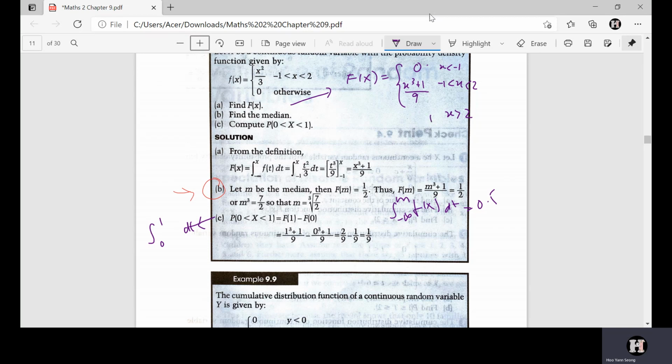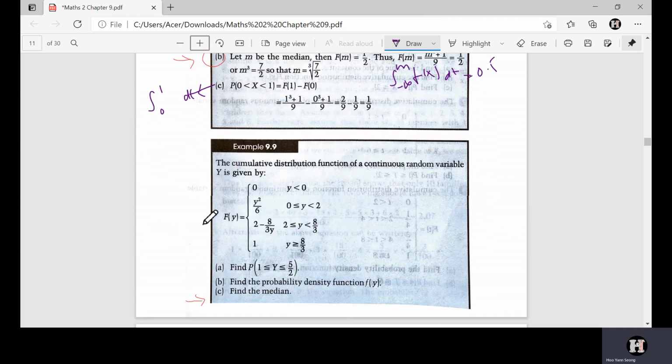So once you get 1, you already fulfill how to show that this is a random variable. This you must see. So this one is the correct way to present your continuous cumulative distribution function.